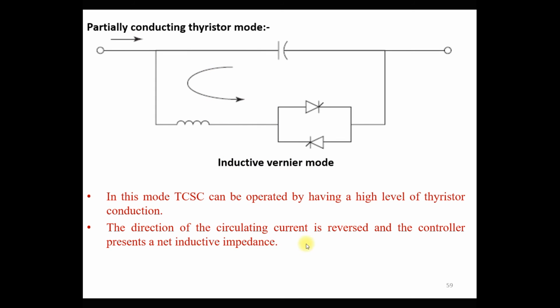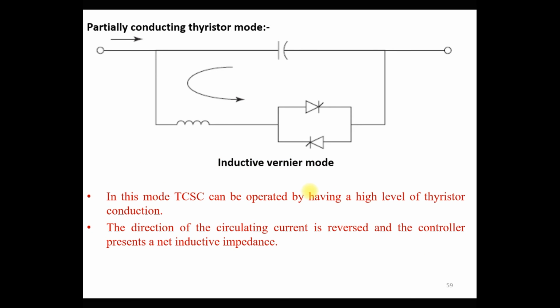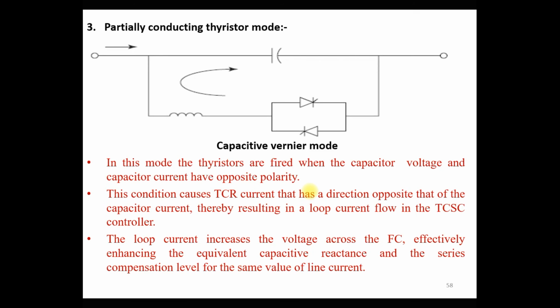So the direction of circulating current is reversed, and the controller presents a net inductive reactance, so we can say this is the operation of TCSC in the inductive vernier mode. In short, your TCSC works as an inductive impedance. In the capacitive vernier mode, your TCSC works as a capacitive impedance. That is the difference between capacitive and inductive vernier mode. So these are the different modes of operation of TCSC.